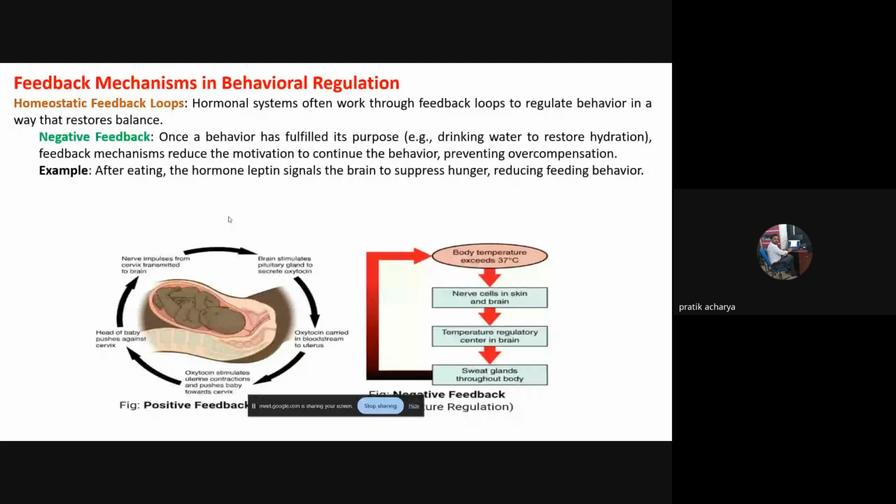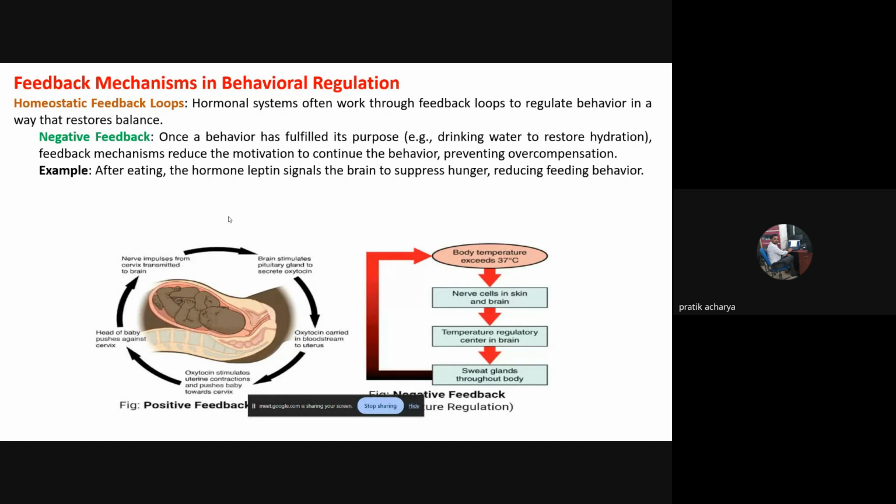That means the pituitary stops secreting the gonadotropic hormone. That means there is a signal from the pituitary to the gonads to stop more and more secretion of testosterone, because testosterone function has reached its ultimate level. That's why, to stop testosterone, the negative feedback acts.